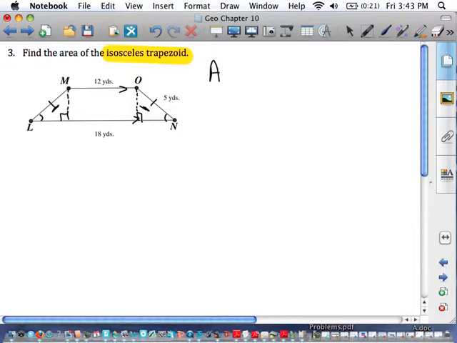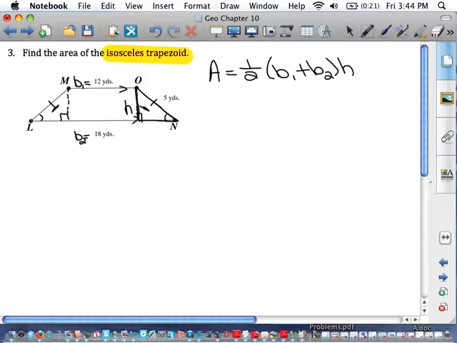My formula, remember, is the area is equal to 1/2 base 1 plus base 2 times the height. I have base 1, I have base 2. Now I need the height. So I'm going to focus on this triangle.